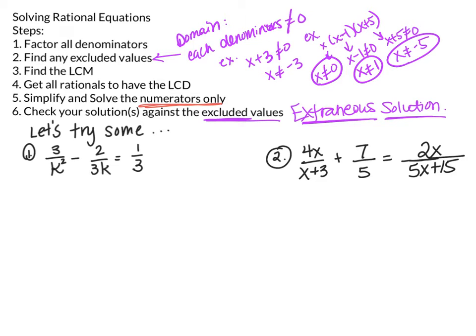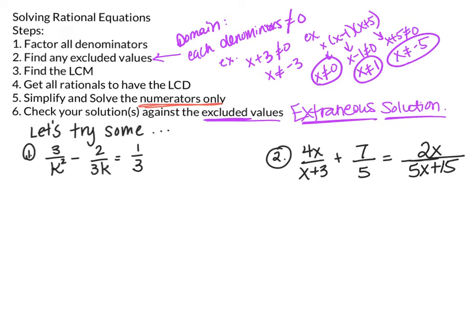All right, so let's look at some examples. We've got our first example here: 3 over k squared minus 2 over 3k equals 3. The first thing we want to do is factor all the denominators. Nothing needs to be factored, so we're ready to go to the excluded values.